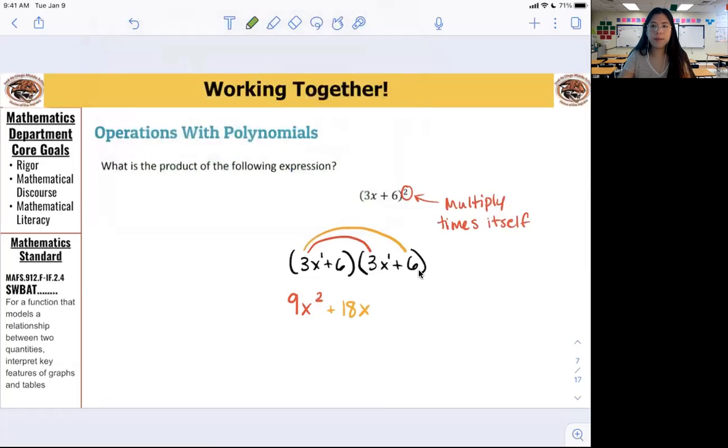What about inside? 6 times 3x. So what do I get there? 18x. Also 18x. And then finally, 6 times 6, which gives me 36.